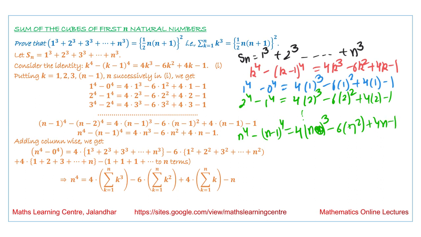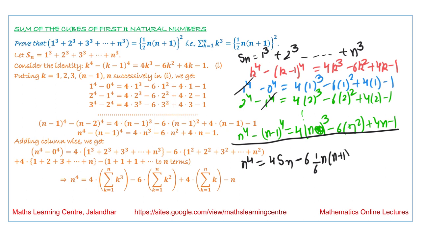Now again if we add all these values, we will obtain that the middle terms get cancelled. So we are left with n raised to the power 4 is equal to 4 times Sn minus 6 into the sum of squares, whose value is 1 by 6 n into n plus 1 into 2n plus 1.